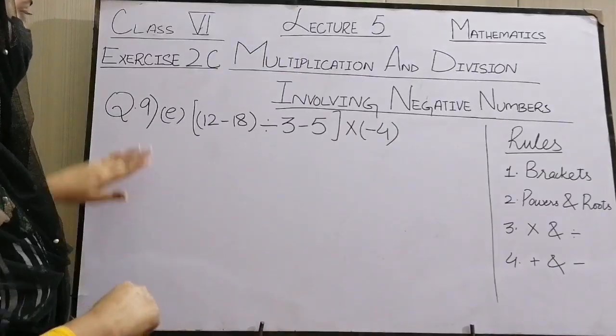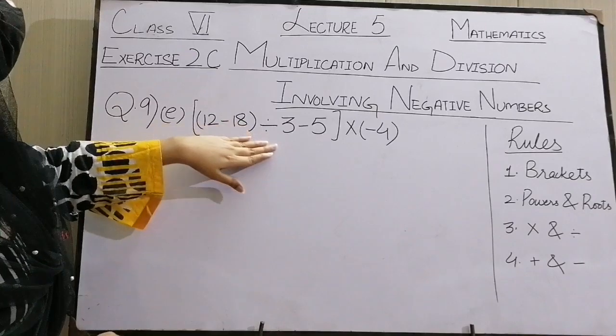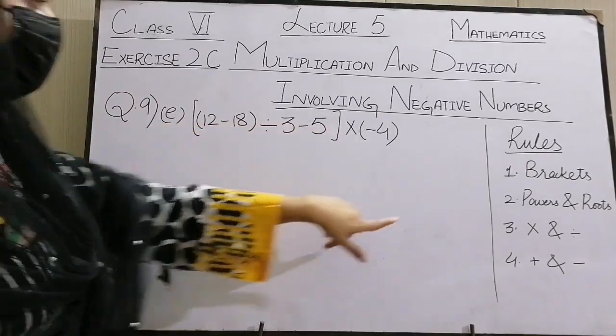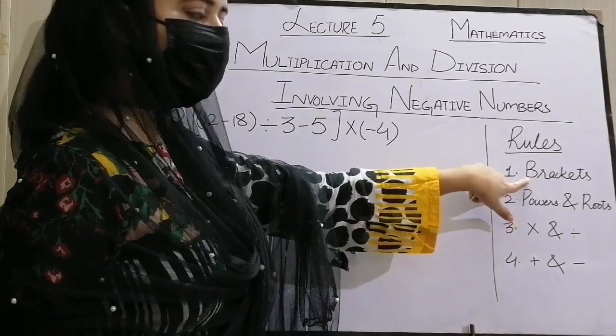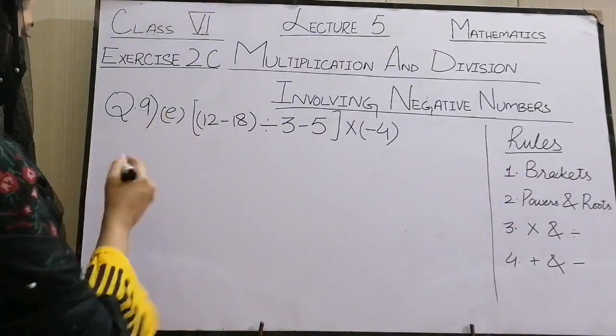Question number 9, part E is 12 minus 18 divided by 3 minus 5 multiplied by minus 4. First rule is to solve the brackets. Which bracket? The innermost bracket first.